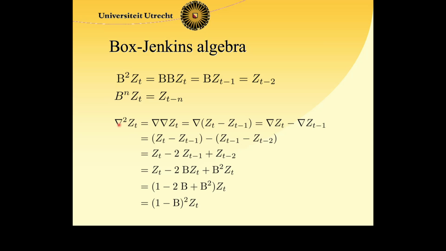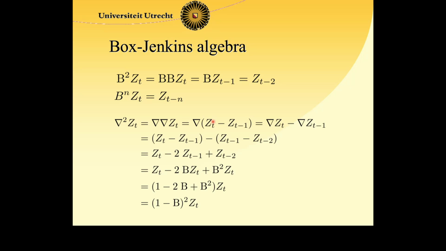So in general, nabla to the power of n can be replaced by (1 minus B) to the power of n. These things are interchangeable. This is your Box and Jenkins algebra. We come back to this later when we introduce the different types of time series models.